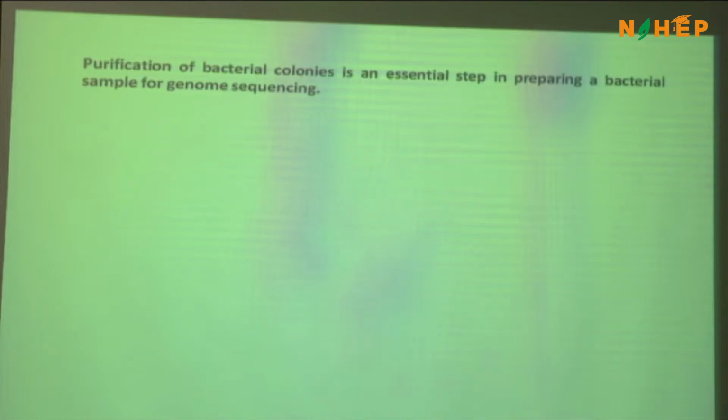The story is the same. Remember, if it is a pure culture of bacteria which is subjected to some kind of identification by a marker gene or the whole genome, the purity of the culture is very important. I always tell two points. One is microbiological purity, and another one is genetic purity. You cannot compromise on these two.